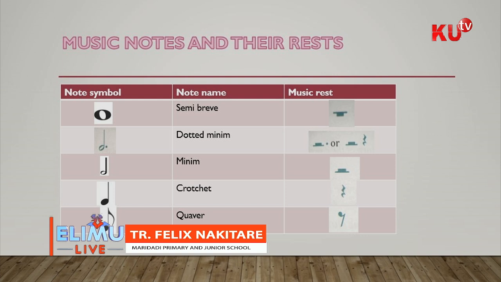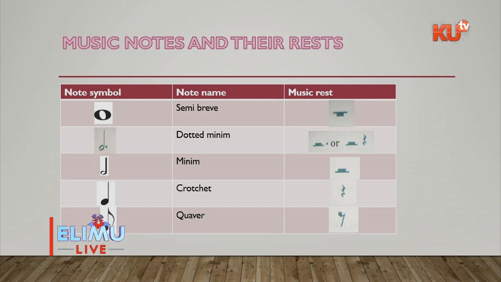We move to the next one. We have the minim and its rest. Then we come to number 3. We have our crotchet, and the crotchet is also accompanied by its rest, as we can see.